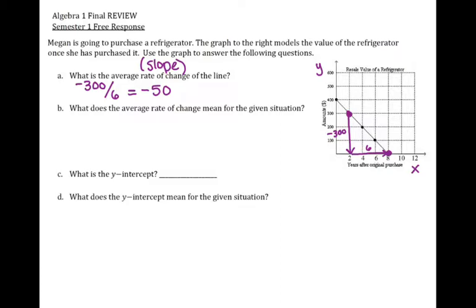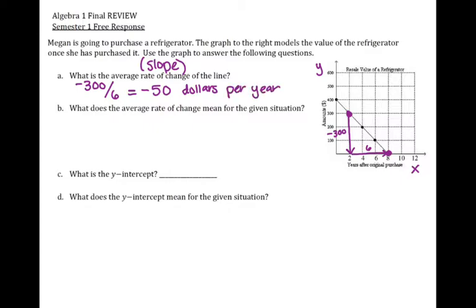What does the average rate of change mean for the given situation? My units for letter A, by the way, are dollars, since my y was in dollars. And my x is in years, so it's dollars per year.